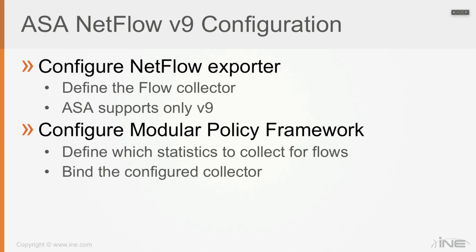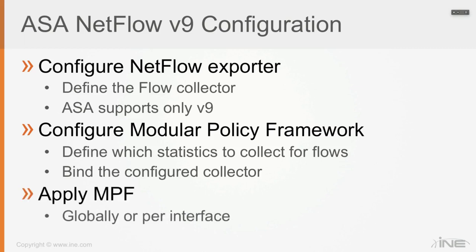So we configure a regular modular policy framework, and we define which statistics to collect for flows. And then of course we bind the configured collector in there, the same approach as on the IOS. And finally, we have to enforce the gathering of those flow statistics by applying MPF either globally or per interface, like any other regular MPF configuration on the ASA.